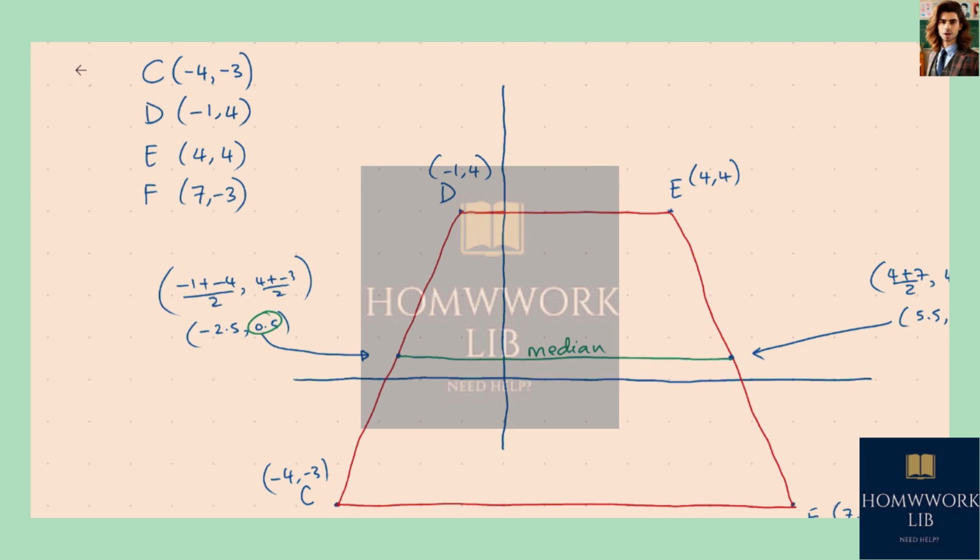The length of the median is obtained from 5.5 minus -2.5, because we're just subtracting the x coordinates. So you get the absolute value of the difference. So 5.5 plus 2.5 is the length of the median. And in this case, it's going to add up to 8. So 5.5 plus 2.5 is 8. So that's the length of the median.